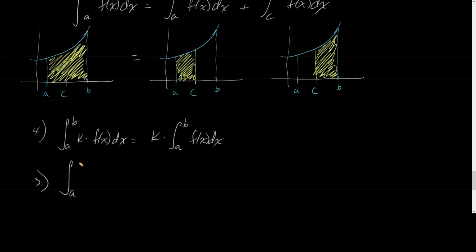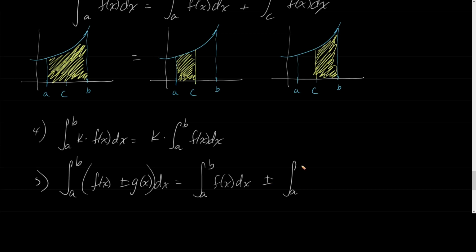And the integral from a to b of f of x plus or minus g of x dx would be the integral from a to b of f of x dx plus or minus the integral from a to b of g of x dx. All right, so essentially we can factor out a constant and we can distribute the integral symbol over addition and subtraction.